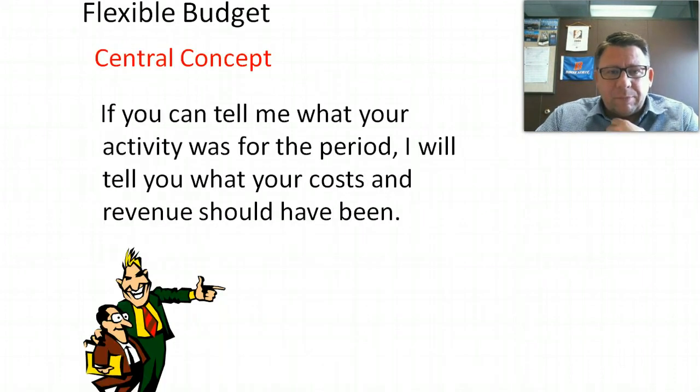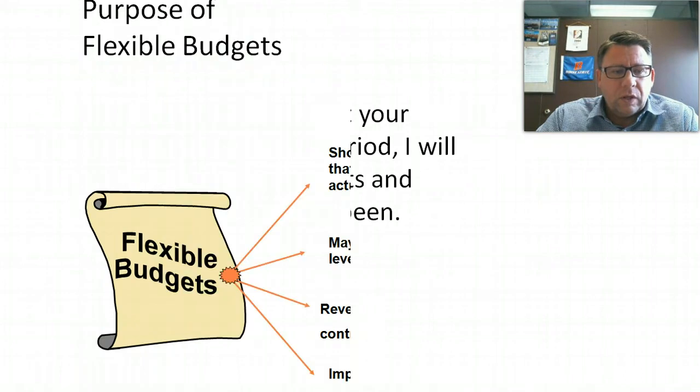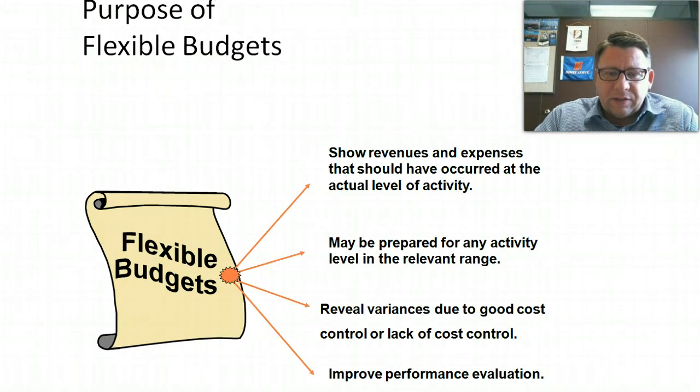So the central concept behind this is if you can tell me what the activity will be for the period, I can tell you what the revenues and costs should have been. So the purpose is to show those revenues and expenses at the actual activity level.